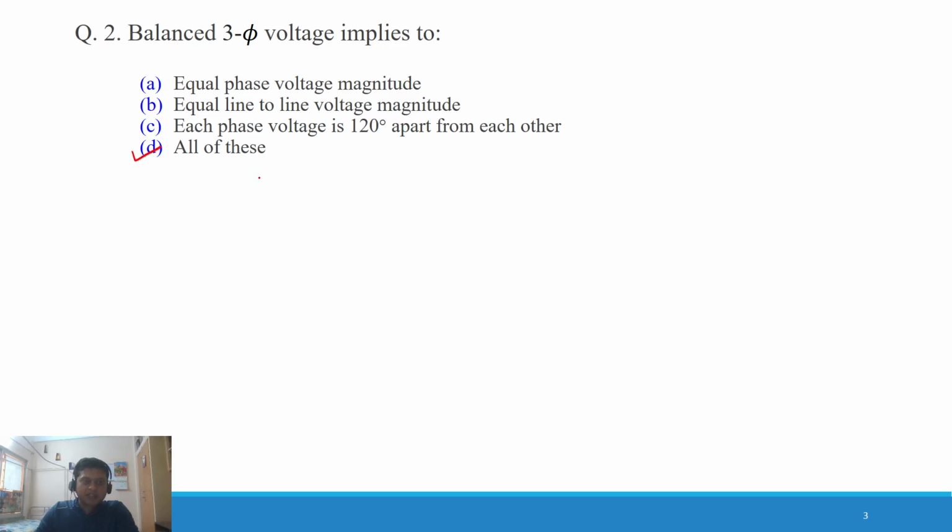And we can see that for balanced three-phase voltage, the first option A implies that it is having equal voltage magnitude.